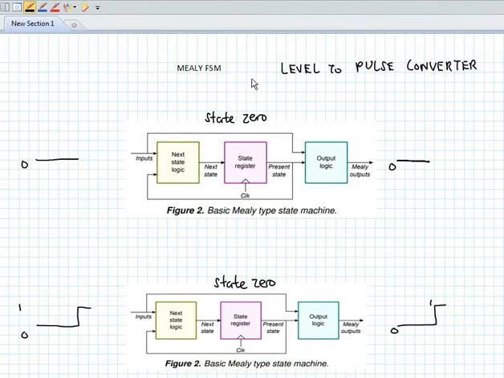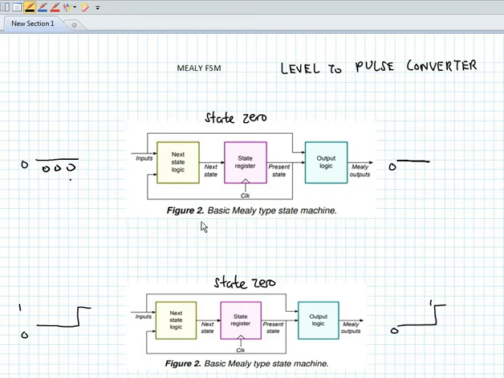So let's see how we can design the same level to pulse converter, but this time using the Mealy approach. We start off at state 0 again. While you are in state 0, if you receive a 0, the output is 0.